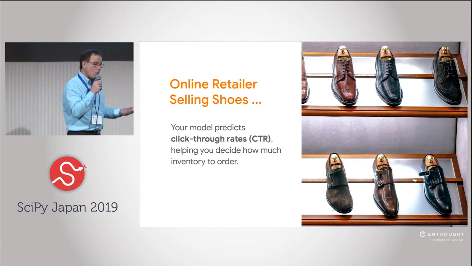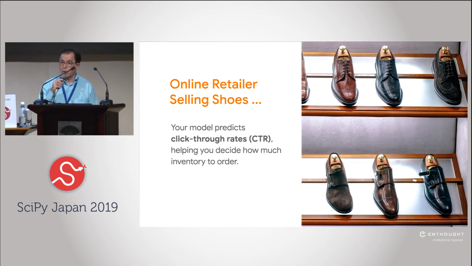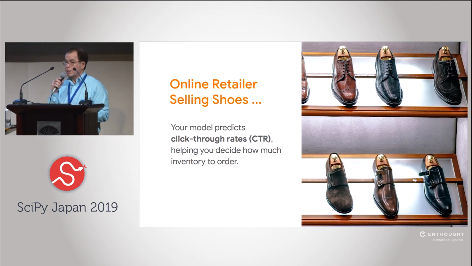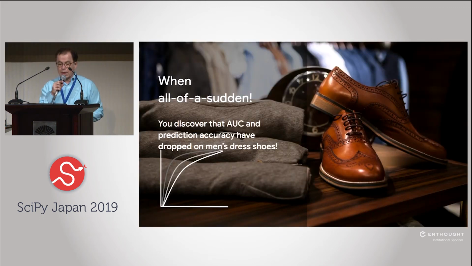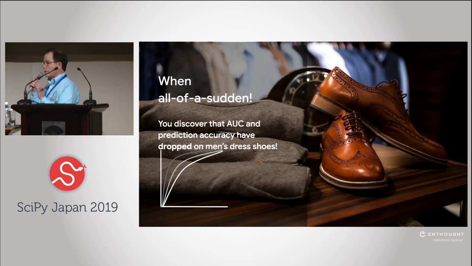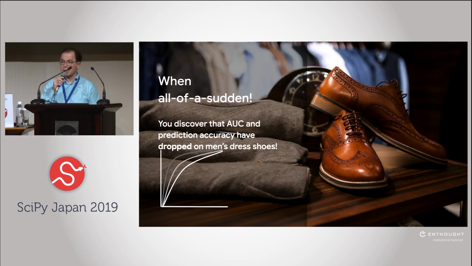They don't want to order too much inventory because inventory is expensive, and they don't want to order too little because they need to have enough to satisfy orders. And then they discover that for a particular slice of their inventory, one part of their products, they have a problem. Men's dress shoes don't do nearly as well as they used to. Something changed.